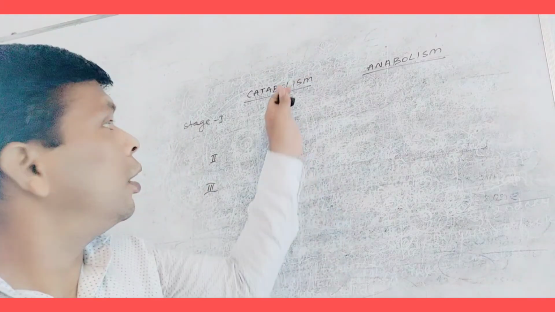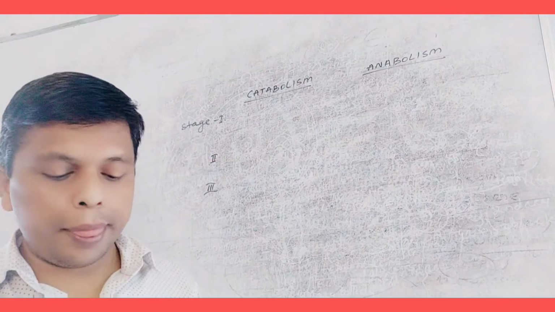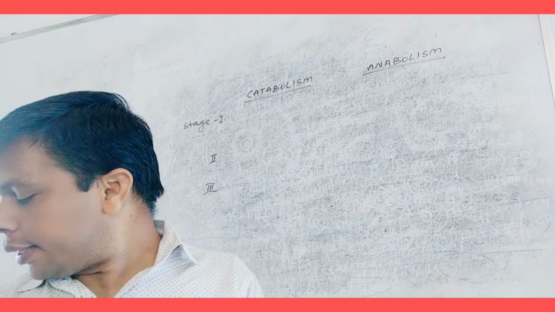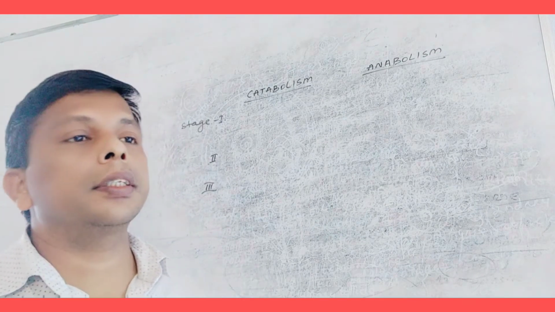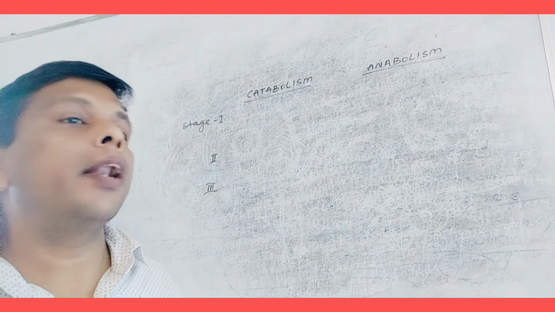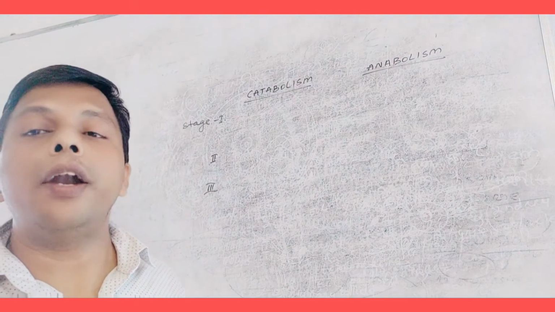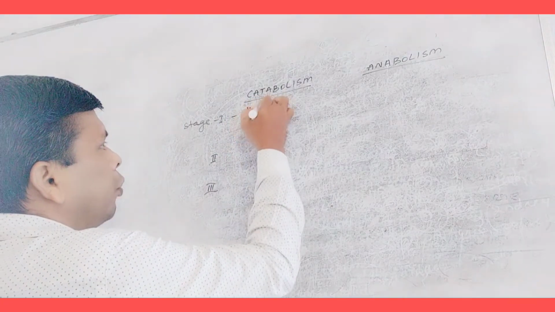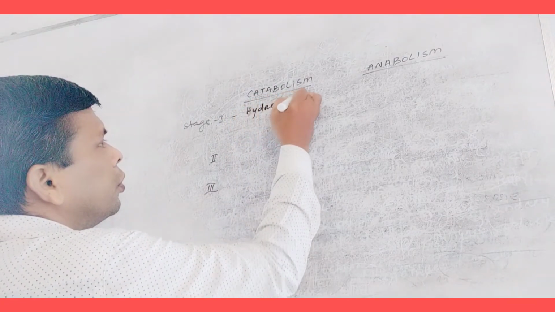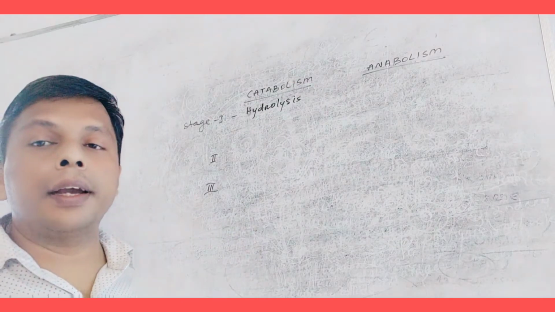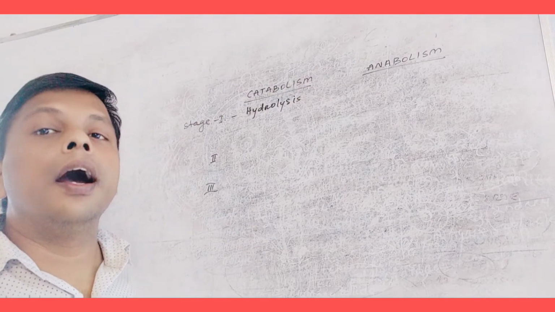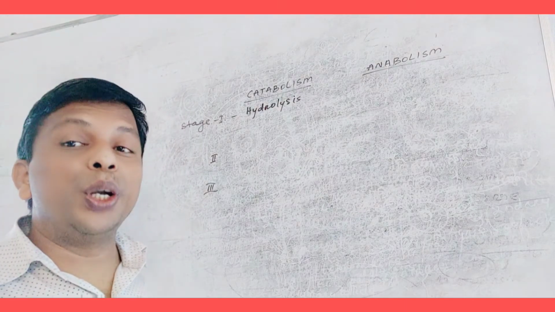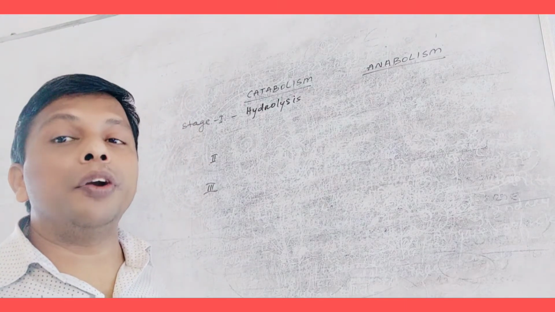First, we will go to catabolism. What happens? During catabolism, at stage 1, hydrolysis takes place. Suppose we take the example of polysaccharide converted into monosaccharide, proteins converted into amino acids, fat converted into fatty acids.